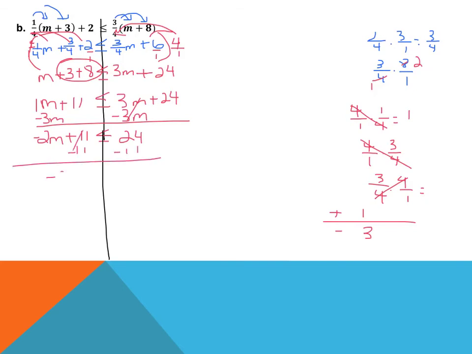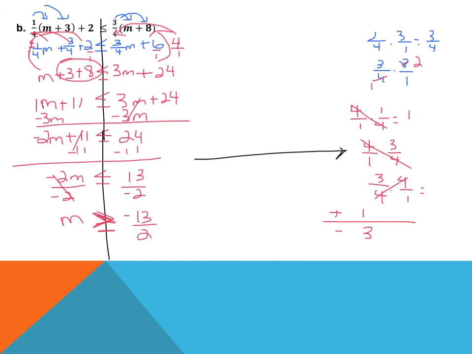Negative 2m is less than or equal to 13, because 24 minus 11. And then we'll divide by negative 2. So as soon as I divide by the negative, I need to switch my sign around. So now it's greater than or equal to. So m is greater than or equal to negative 13 halves.